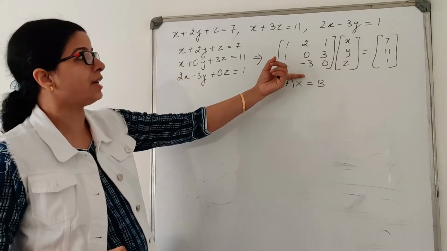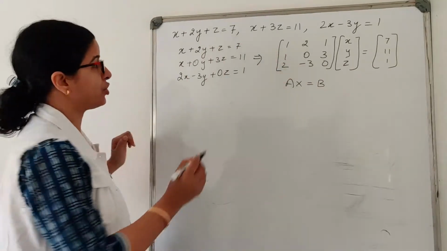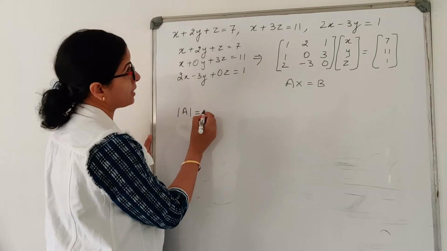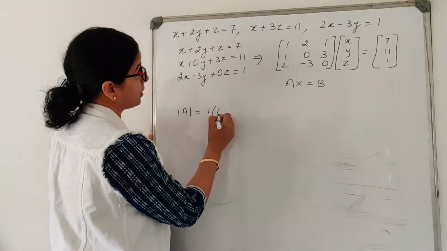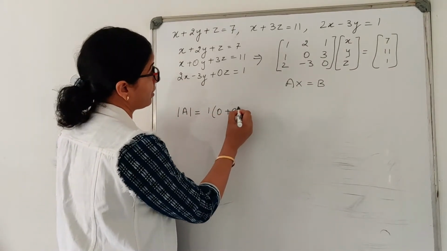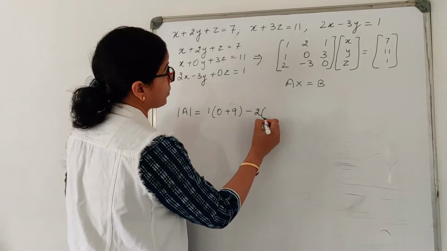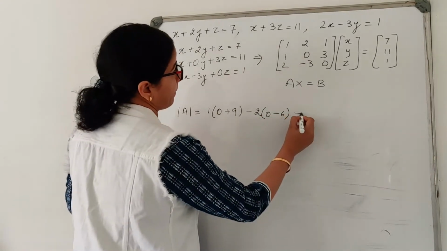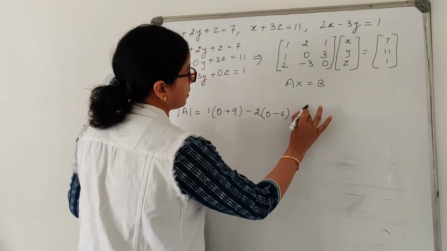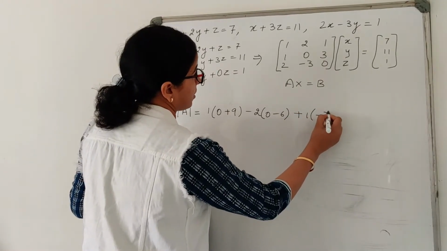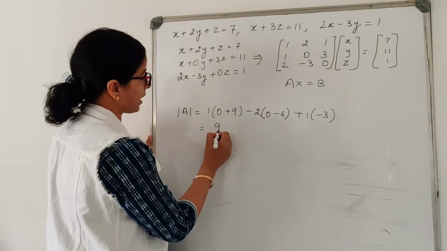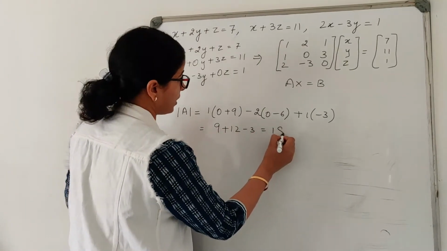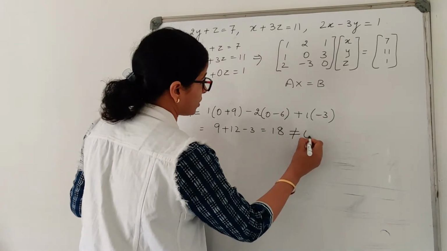So first of all, I will find determinant A and check if the inverse exists or not. So determinant A is equal to 1(0 + 9) minus 2(0 - 6) plus 1(-3 - 0). Okay. So what I am getting? 9 plus 12 minus 3, which is equal to 18, not equal to 0.